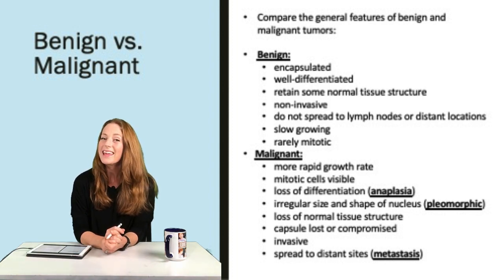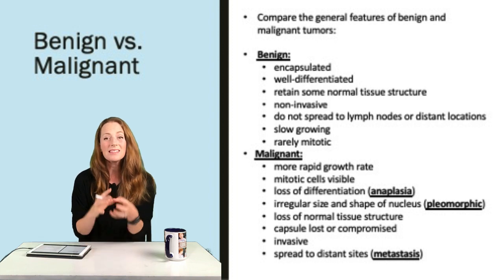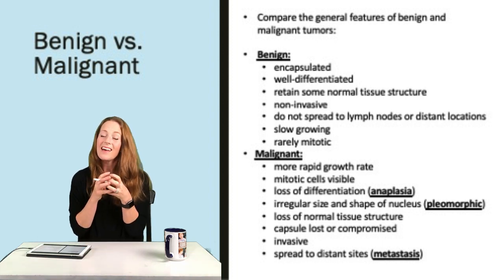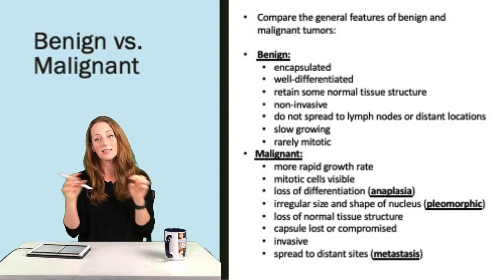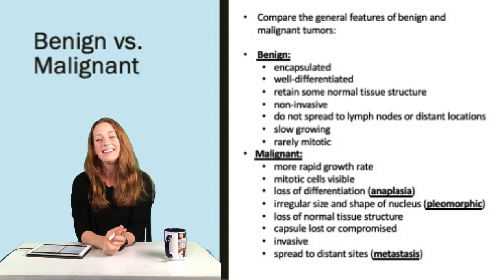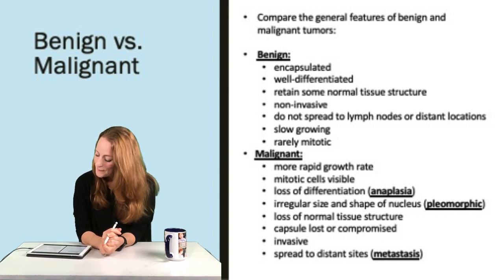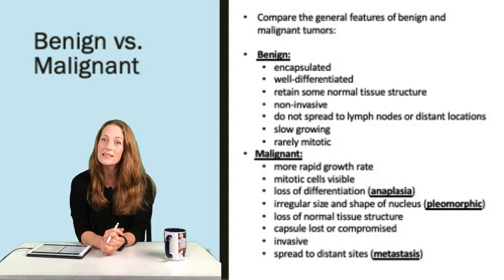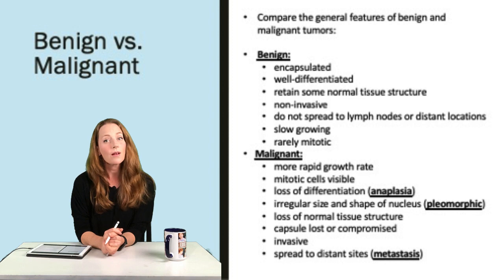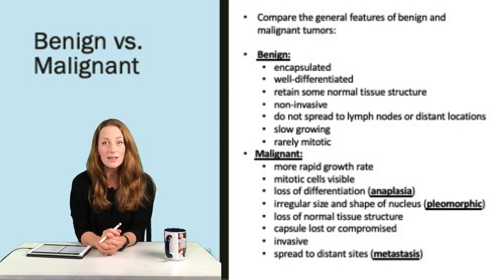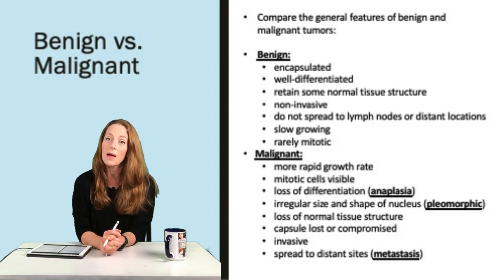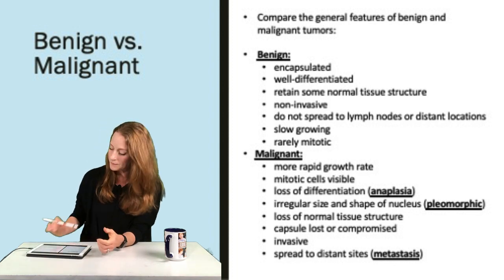In fact, the word cancer means crab because some of the early pathology of tumors showed these spreading, claw-like projections that made them crab-like in their appearance. Metastasis is another important word that refers to when cancer spreads to distant sites. Now, not all malignancies have reached the point of metastasis, but once they do, then they are becoming more and more concerning.